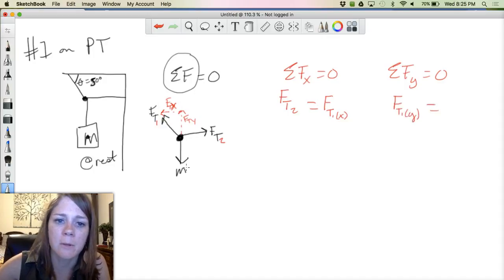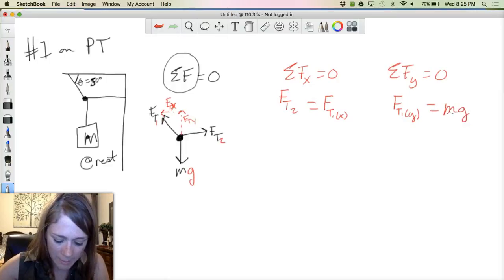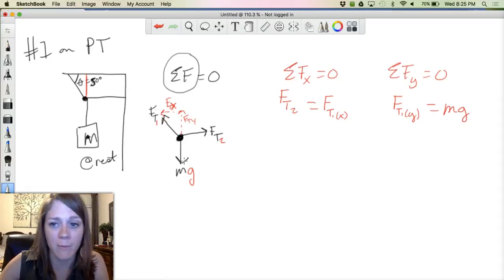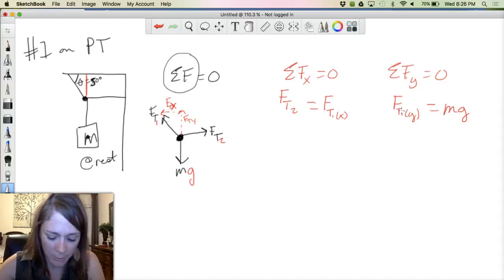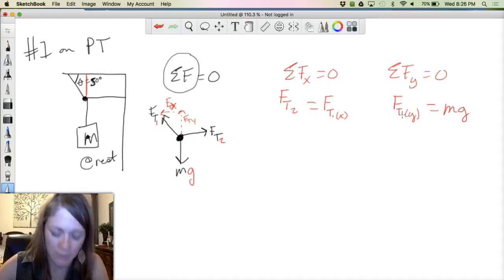And so what that means for my vertical forces is that the vertical component of Ft1 has to equal this downward weight force, which is mg. So the y component of this force right here is what's equal to the weight force. Now I can use trig to figure out what the y component is equal to.